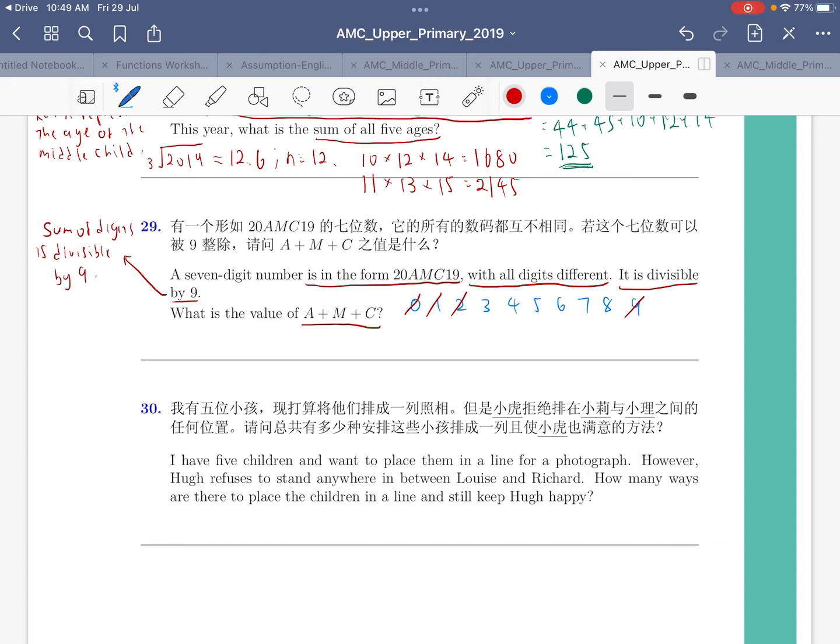We are going to take the sum, in hopes that we can get a multiple of 9, and hence it will be divisible by 9. So we have 2 plus 0 plus A plus M plus C plus 1 plus 9. This one is going to be A plus M plus C plus 12. Now, in this case over here, we require this to be a multiple of 9.